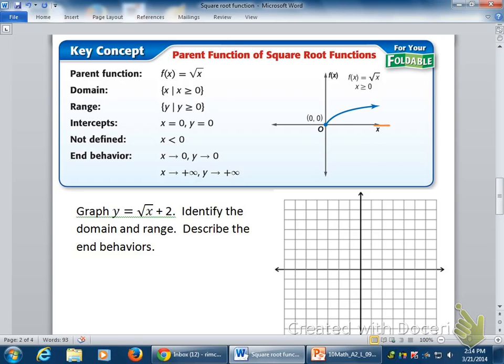As my x's keep going forever this way, so as x approaches infinity, what are my y's doing? They're going up, aren't they? Yes, they are. So my y's also approach infinity. Now, on a square root function, they don't go up very fast, but they do go up. This will never turn and come back down.